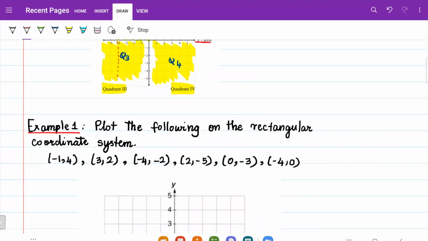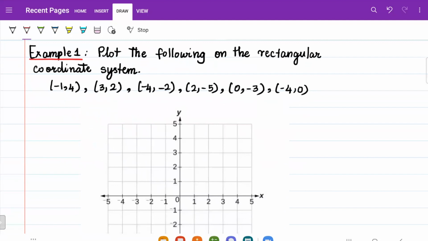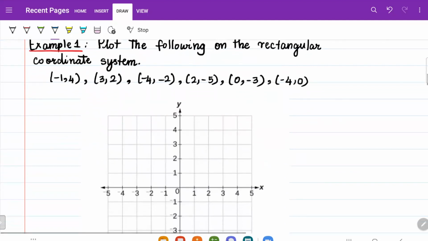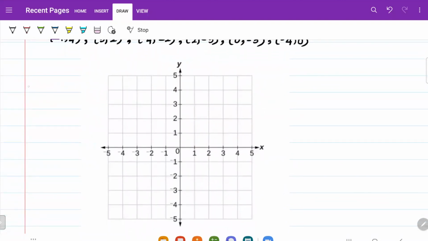Okay, let us do an example. Let us plot these 6 points here. First, we have (-1, 4). Point number 1 is (-1, 4). So on the x-axis, this is 0. That is -1.